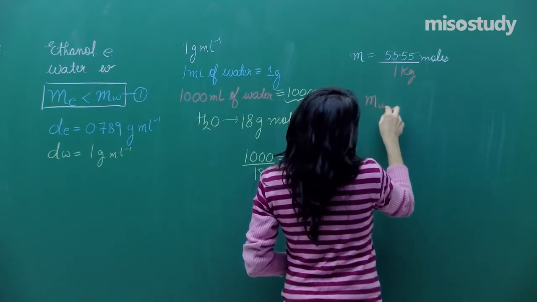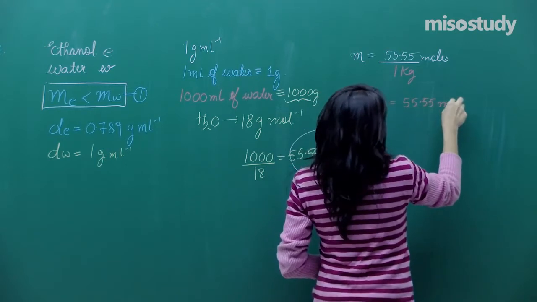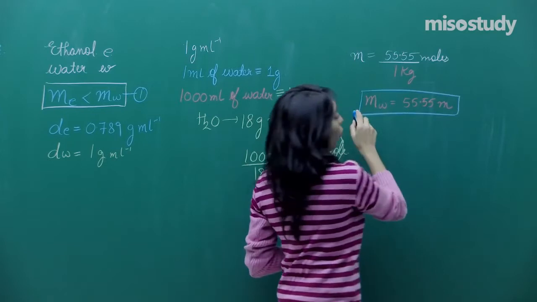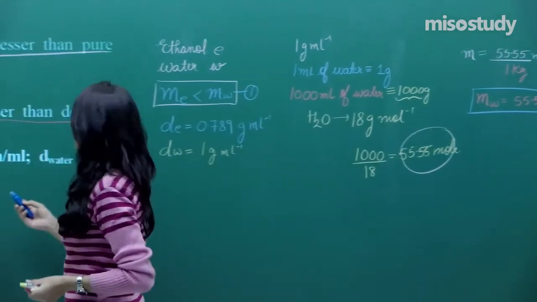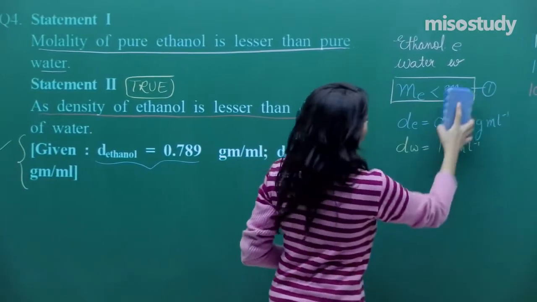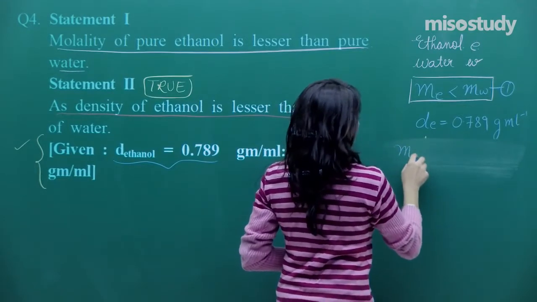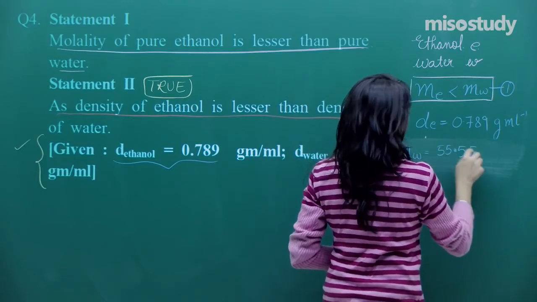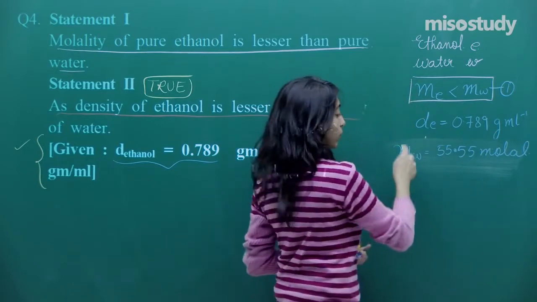So the molality of water comes out to be 55.55 molal. Point number 2 that I have got. Let me just go there and write the molality of water. Finally I got 55.55 molal. Clear enough? Okay.